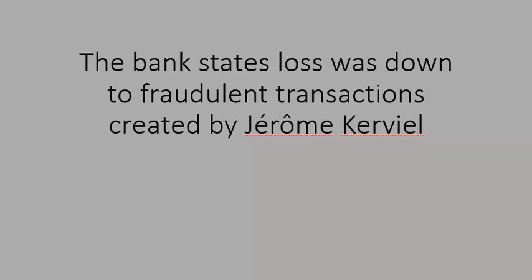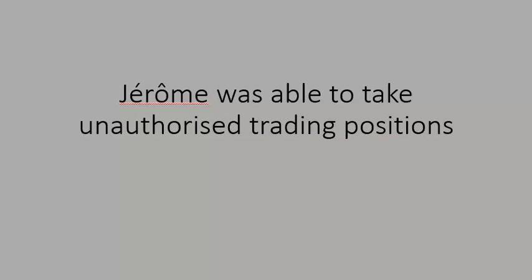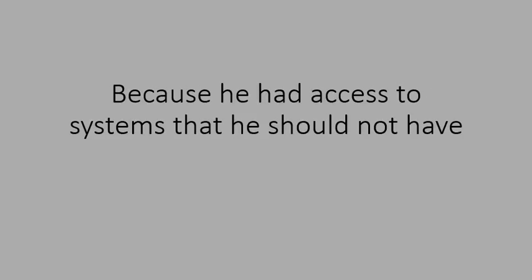The bank states that these losses were down to fraudulent transactions carried out by Jerome Kerviel. Jerome was able to take unauthorized trading positions and then cover them up with fake transactions. And he was able to do this because he had access to systems that he should not have had access to.